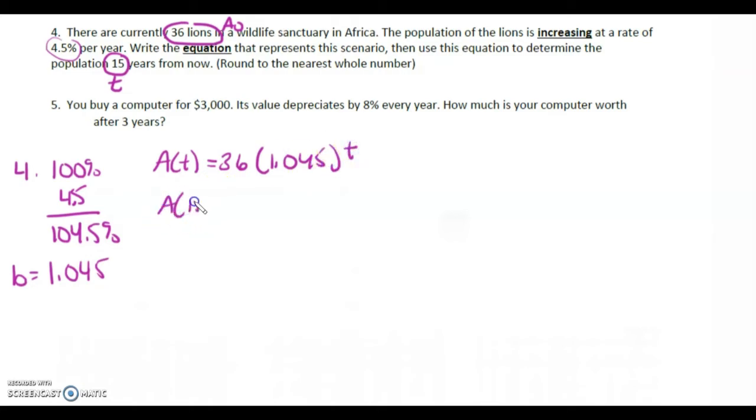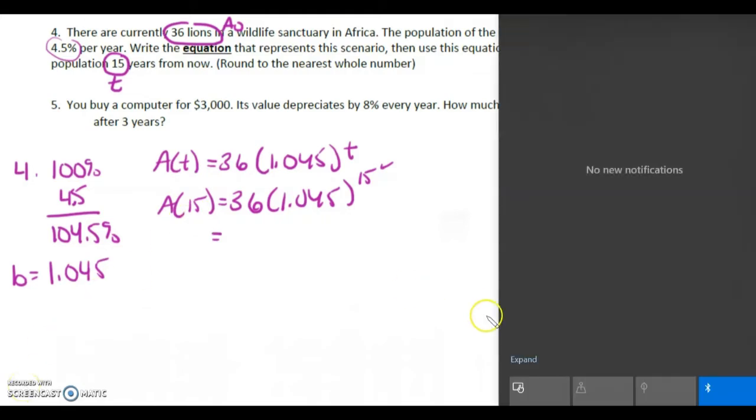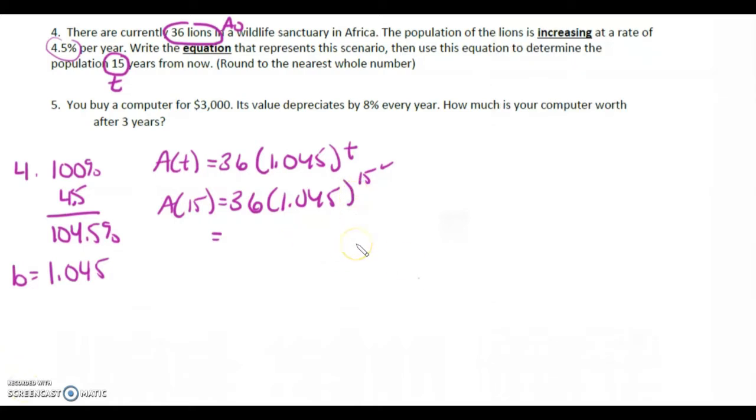We're going to figure out the amount at time 15 years from now, so all we're going to do is sub in that 15 for the exponent. Then we take our calculator and do 36 times 1.045 to the exponent 15. Remember, do not multiply these two numbers before you do the exponent. We have to follow exponent laws.